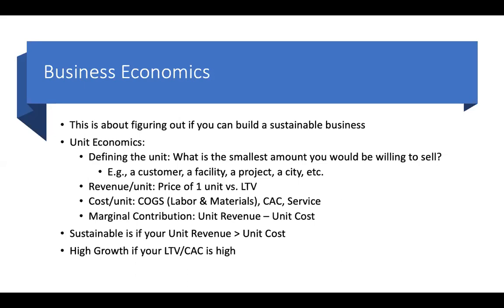So as you can see, if you can boil your business down to a unit level, determining the sources of revenues and the sources of costs is more manageable than looking at the entire business. You might have multiple products, different services, and different locations.